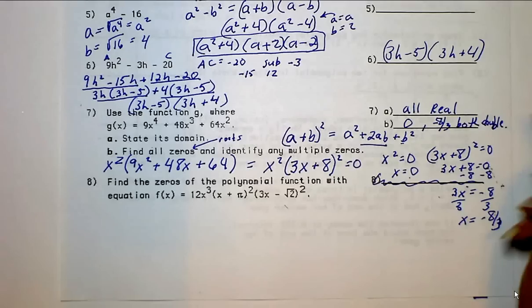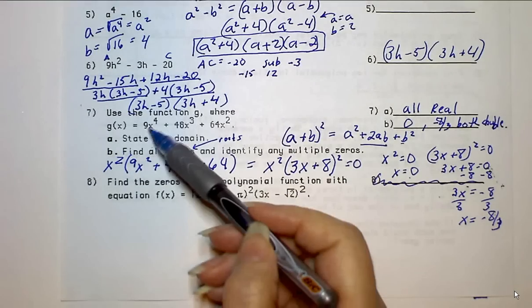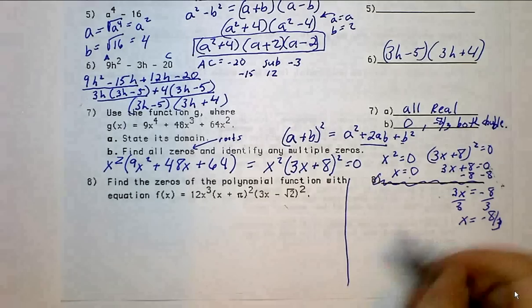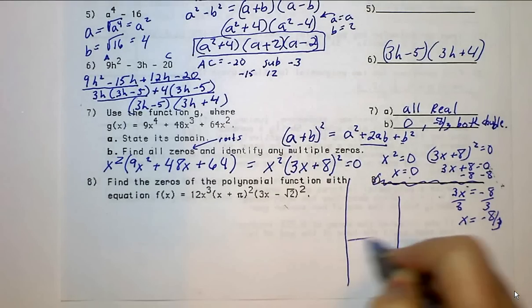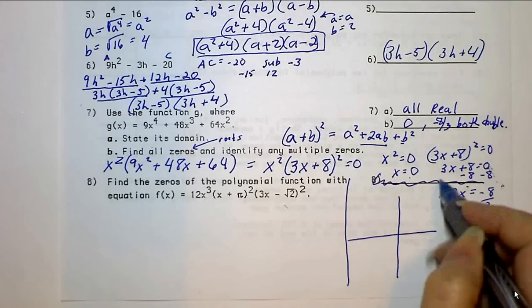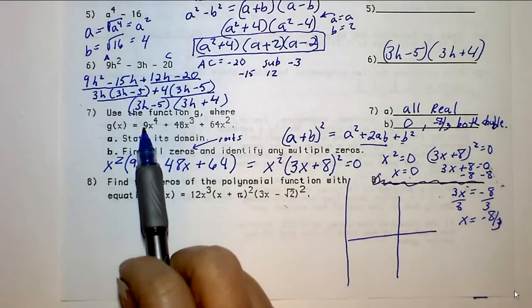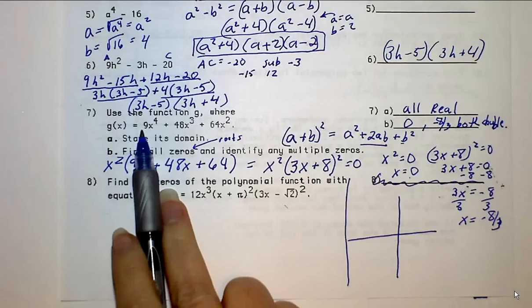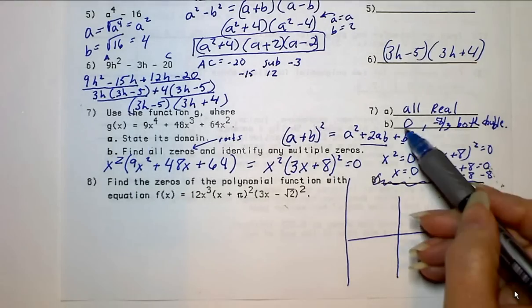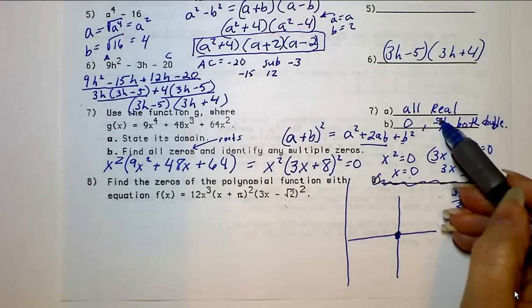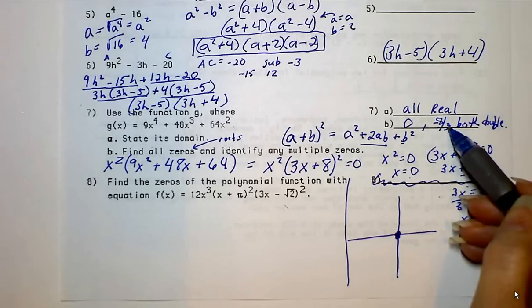So how would a graph look like of this? Because that just might be on the test. What would it look like? We have a 4th degree, and if it's a 4th degree, that means it's going to look somewhat like a parabola. And does it open up or open down? Yes, it opens up. So it opens up, and we know our zeros are at 0 and at negative 8/3.